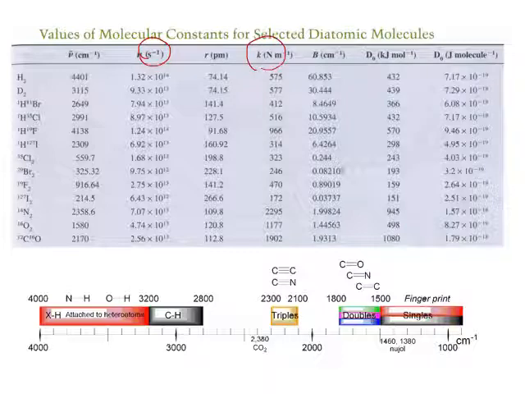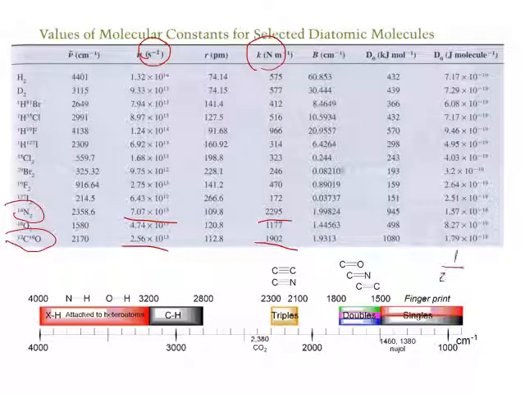The stronger the bonds, such as nitrogen, which has a triple bond, and CO triple bond, they have a large K constant, and therefore they give you high vibrational frequency, according to the equation 1/2 pi square root K over mu. So the larger the K constant, such as a triple bond, the higher the frequency.